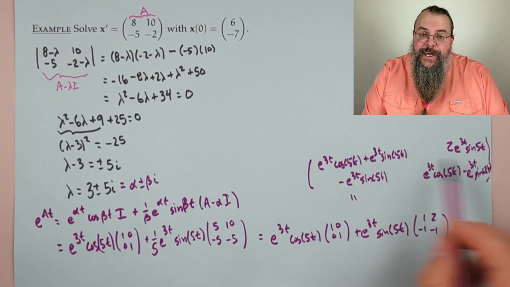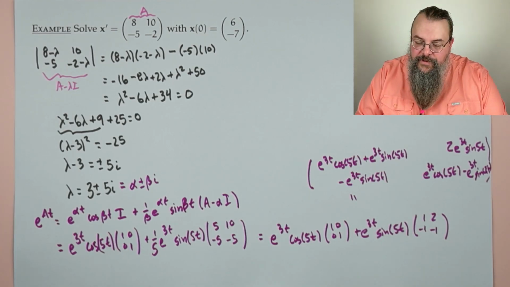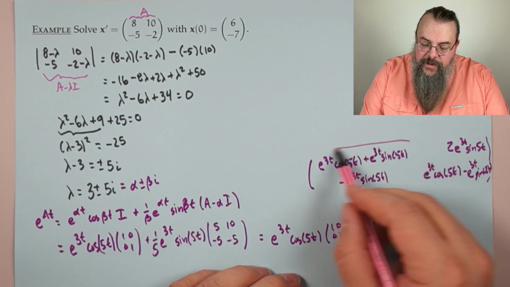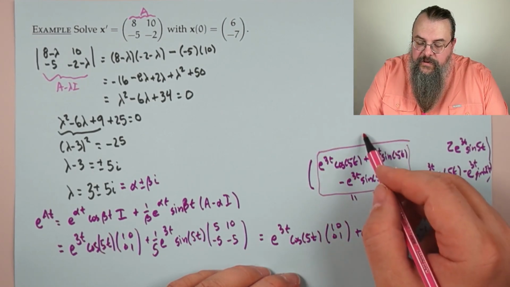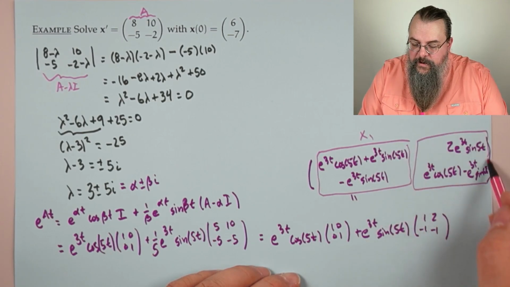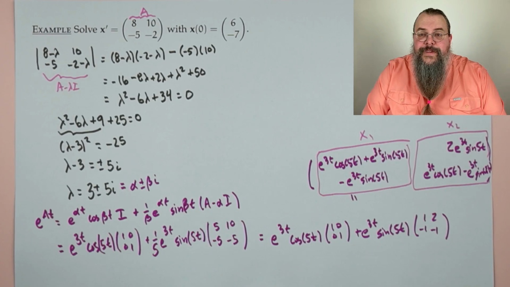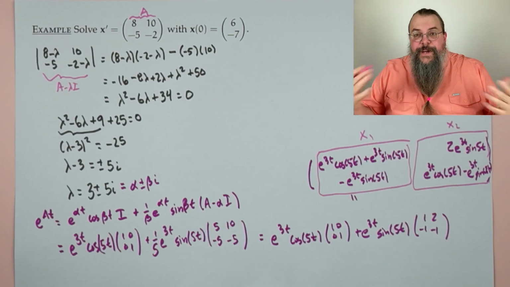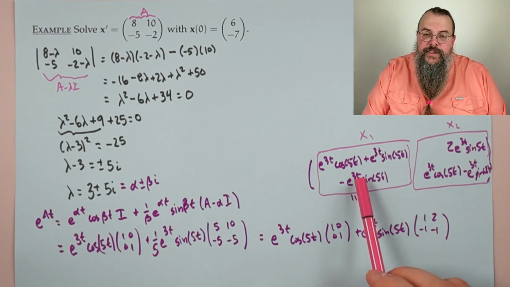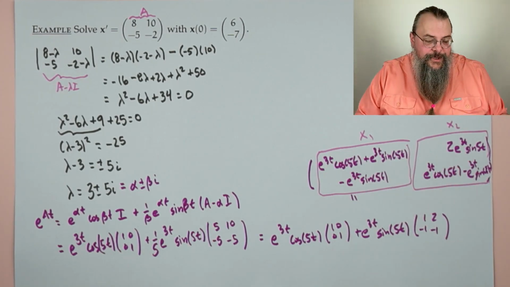Well, we found e to the At, which, by the way, tells us we have solutions. This column here is our x1, and this column here, squeezed on the side of the page, is x2. So we can find all solutions by some constant times x1 plus some constant times x2. But we're after a particular solution.